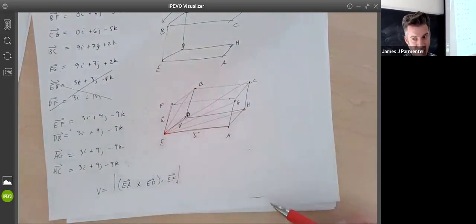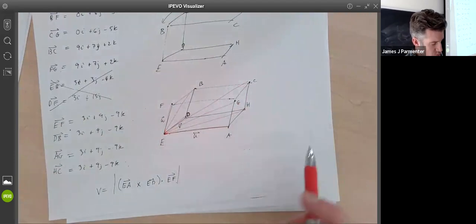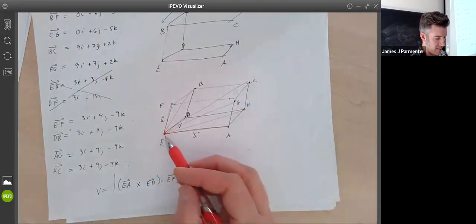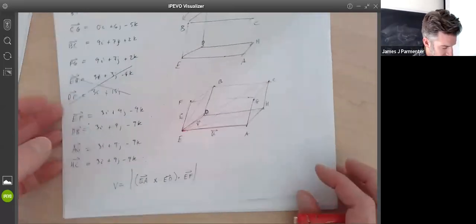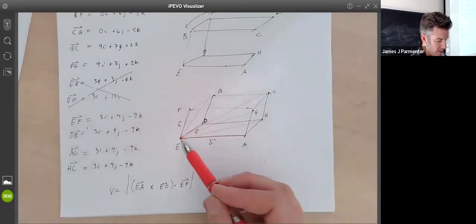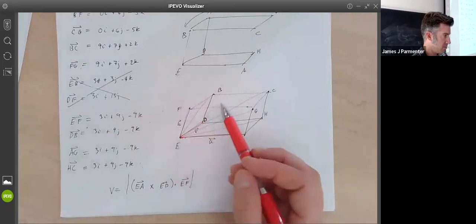One way I tried to do this one in the past was to find vectors that were, well, there are other ways of tackling this problem. The way I think I did it before was to say, I know I need 3 vectors that emanate from here.